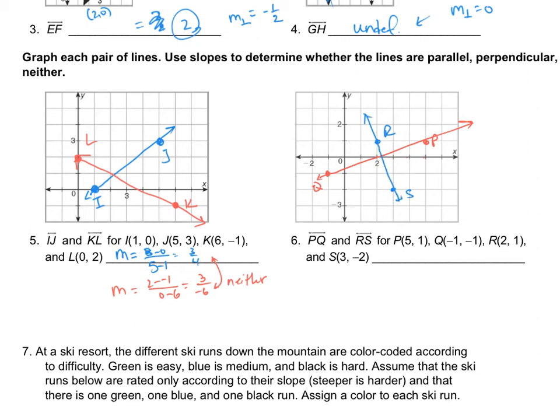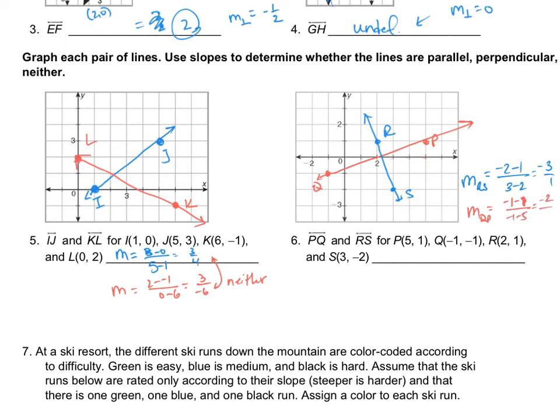And let's determine what these slopes are. Okay, so the slope of RS is going to be negative 2 minus 1 over 3 minus 2, which gives me negative 3 over 1. And the slope of QP, or PQ, doesn't matter, is going to be negative 1 minus 1 over negative 1 minus 5.